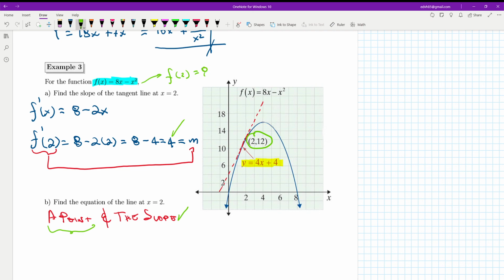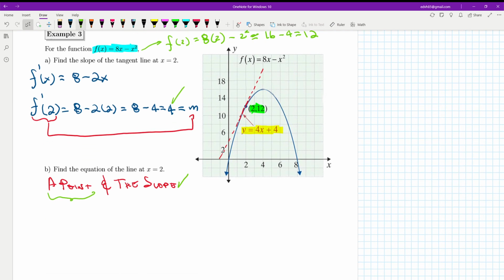So that's 8 times 2 minus 2 squared, which is 16 minus 4, which equals 12. And yes, indeed, it coincides with what we have over here. So the point is (2, 12) and the slope is m equals 4.